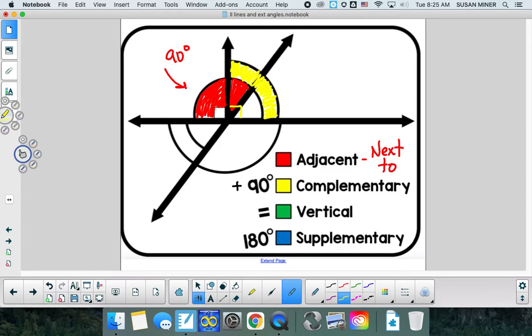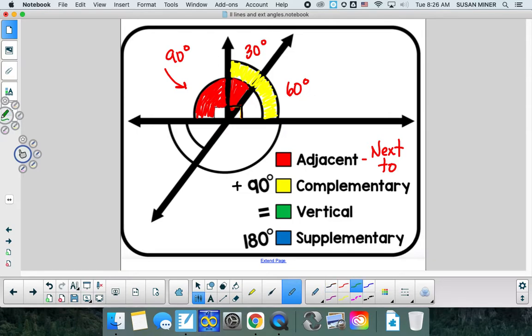And so if I said, hey, this angle right here is 60 degrees, then this angle up here would have to be 30 degrees. They would have to add up to 90 degrees because they're making this 90-degree angle over here. Oh, I should put that in black, right? They're making that 90-degree angle over there, those two angles together. Complementary angles add up to 90 degrees.